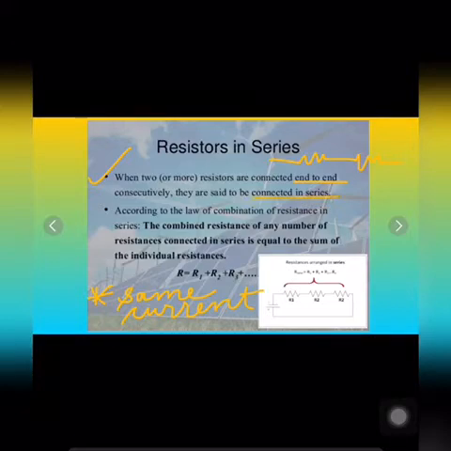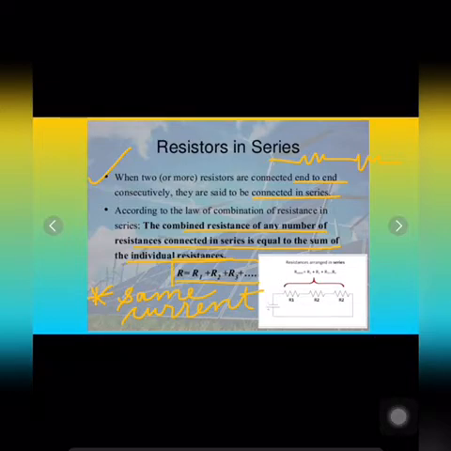According to the law of combination of resistances in series, the combined resistance of any number of resistances connected in series is equal to the sum of the individual resistances. R is equal to the sum of the individual resistances, where R is the equivalent resistance.